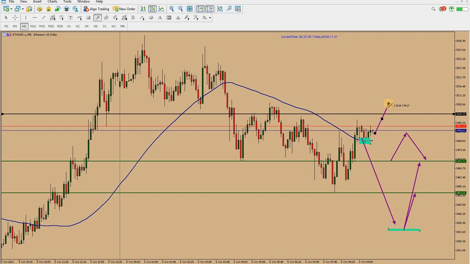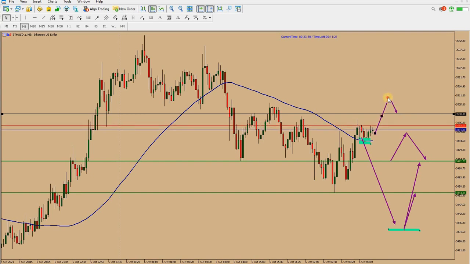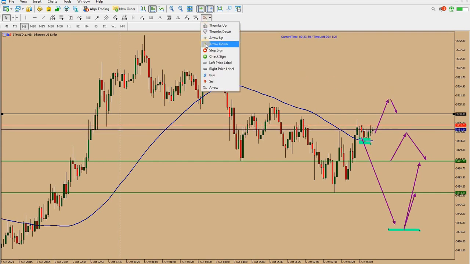It goes here. If it hits this level and the indicator tells us to sell, we sell. Otherwise, if it goes above that resistance, somewhere around this area, then we sell it. I just put it here.